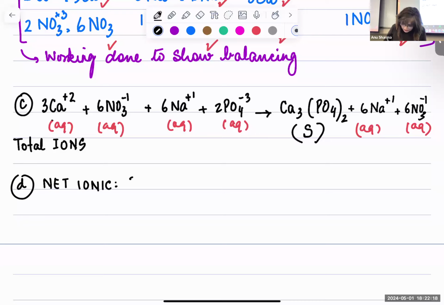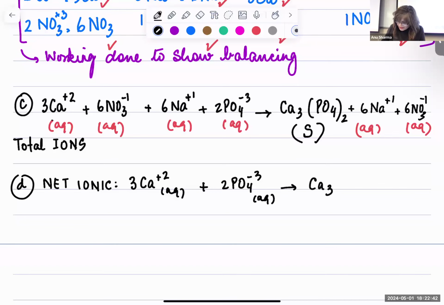So you see there are 3 calcium ions with +2 charge, aqueous, reacting with 2 phosphate ions, 2 PO4 with -3 charge, aqueous, and that gives you Ca3(PO4)2, and that is solid.